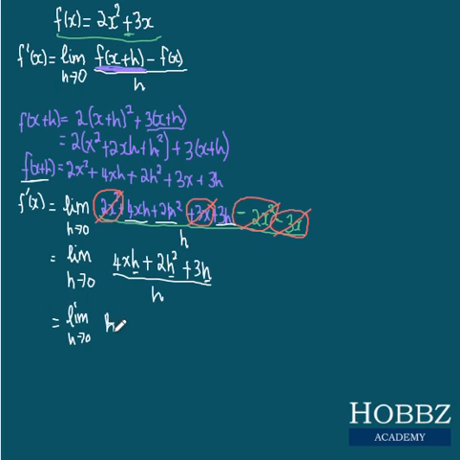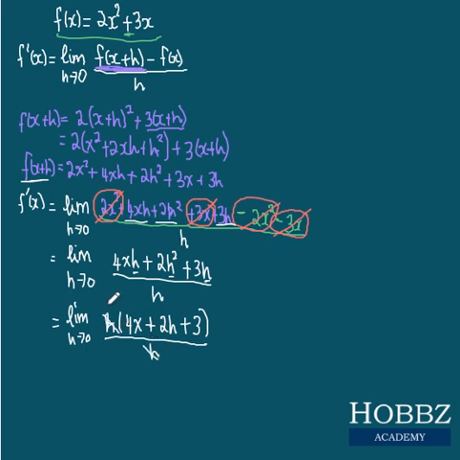Taking out the common factor h, we have 4x plus 2h, because when you take one h out from h squared we are left with h, plus 3, all over h. Remember, the whole time we're doing this, we're just trying to make sure that as h approaches 0, we don't divide by 0.